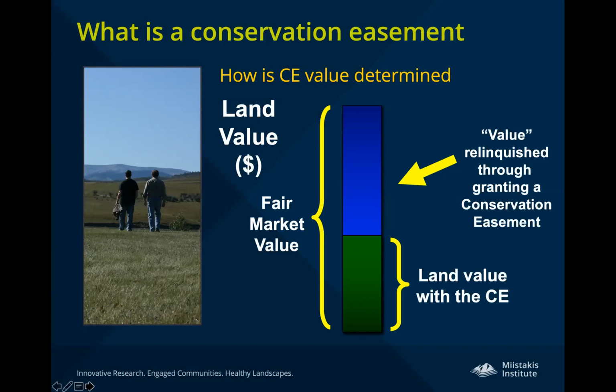So for example, if you have two parcels, one may be a higher ecological value, but perhaps it's further away from a major city or where there's development pressures. And so its financial value, its fair market value is lower. Another parcel has a much lower ecological value, but it is very close to an area where there's a lot of development pressure.